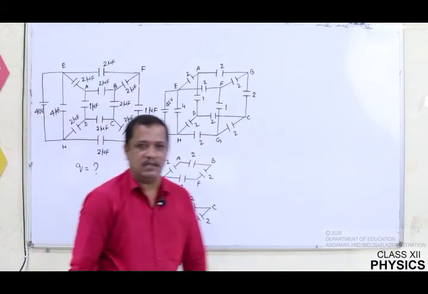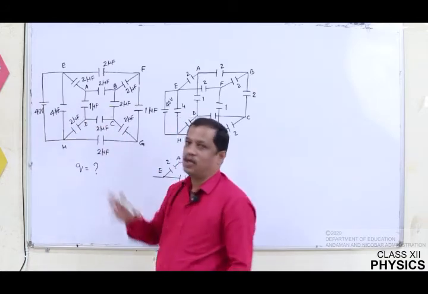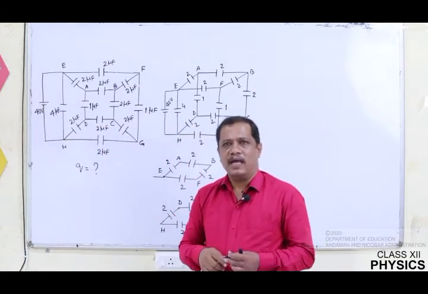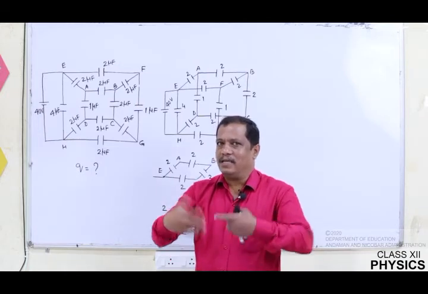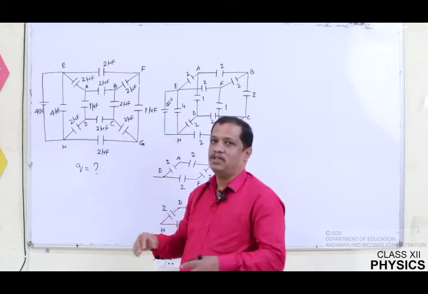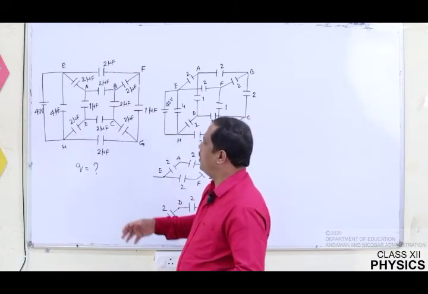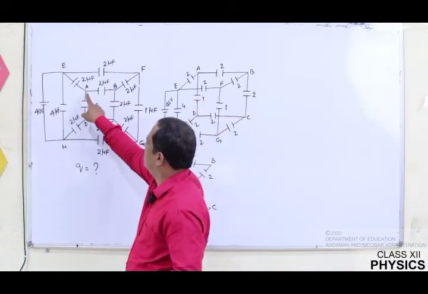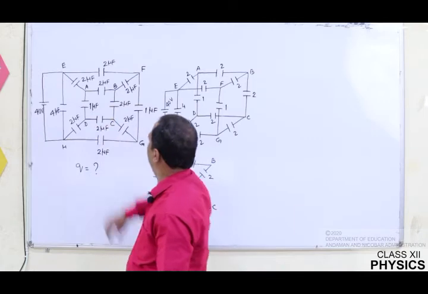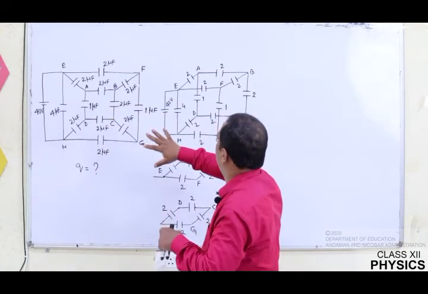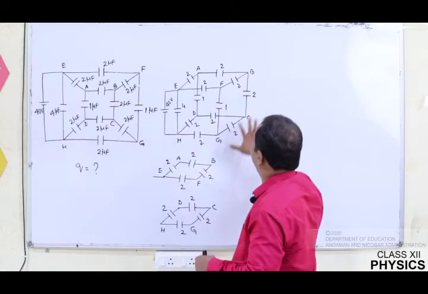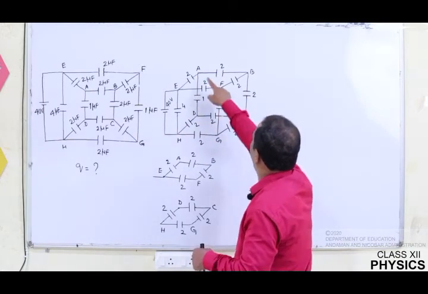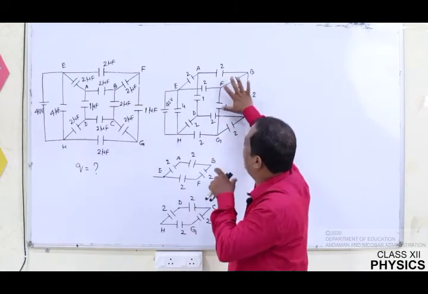Now to solve this, I said this is a two-dimensional picture. This can be easily solved by reconstructing this two-dimensional picture into three-dimensional. So I am going to push this A, B, C, D back. When I push it back, you see that the figure comes into a three-dimensional picture. So A, B, C, D has been pushed back.